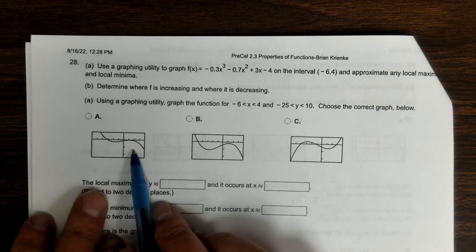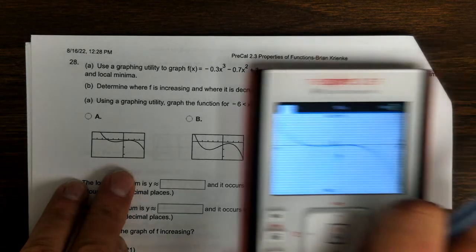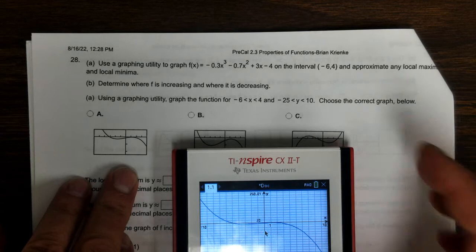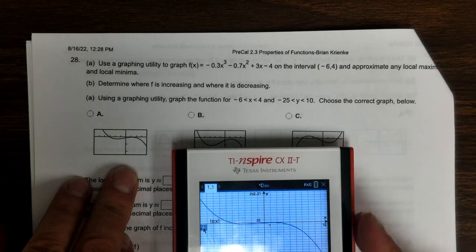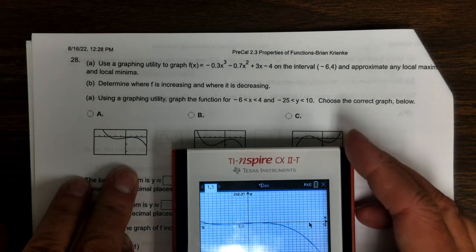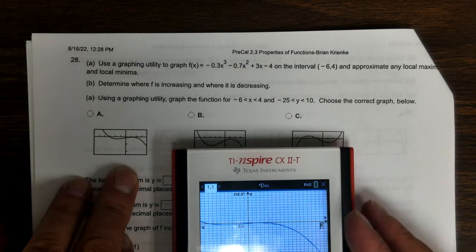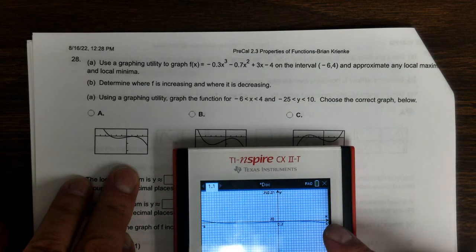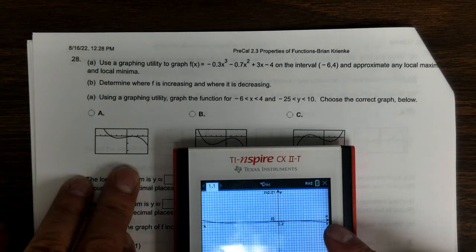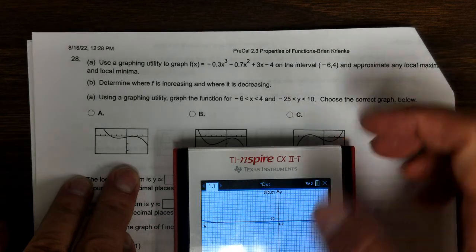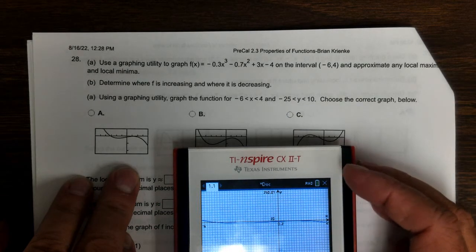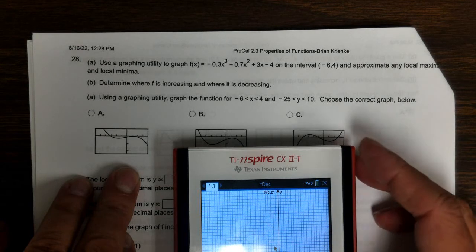Which is this one. Let's look at the interval from -6 to 4 for a better look. Okay, and this you want from -25 to 10.